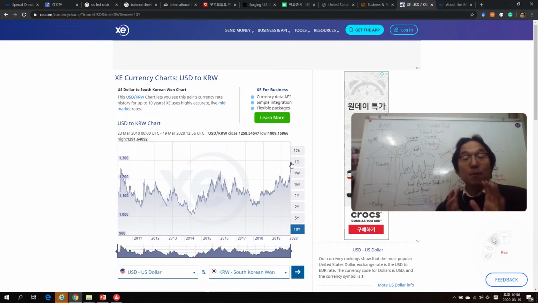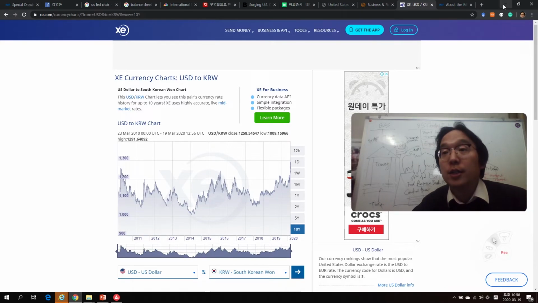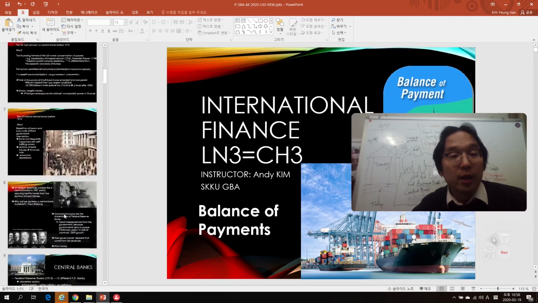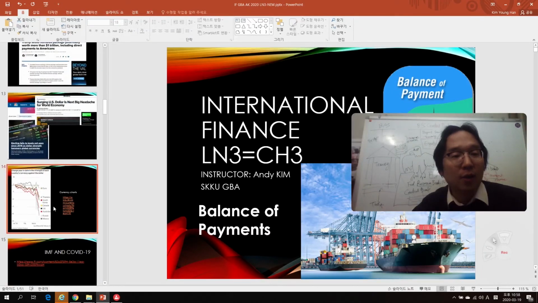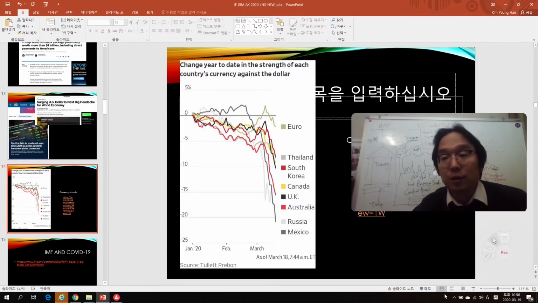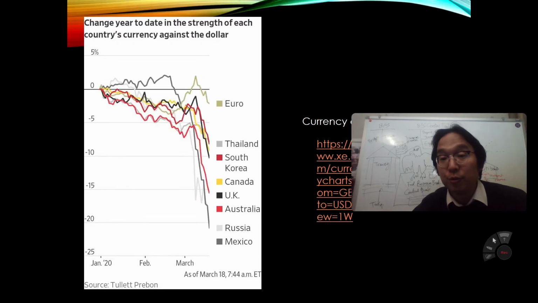The government budget deficit is still good, and the debt maturity structure seems to be okay in Korea, so we don't need to worry about it that much. And as you've seen in the chart, the Korean currency is performing relatively okay compared to other currencies like the British pound or Australian dollar. Korean won is over here, the other currencies are over there.